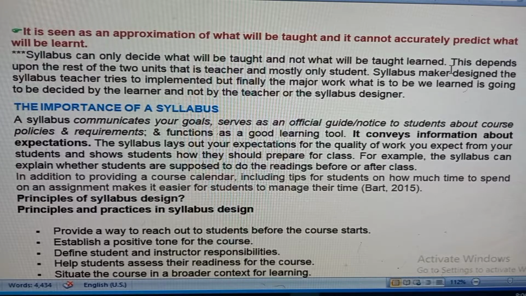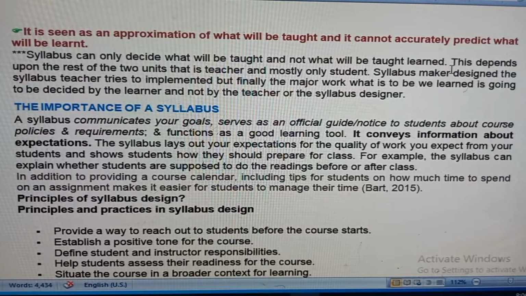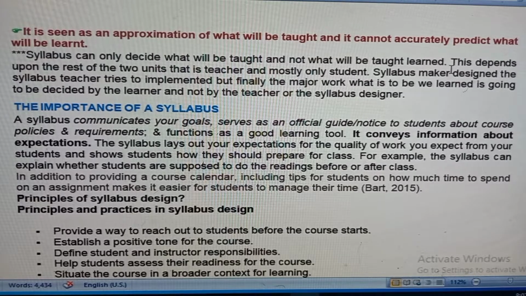This depends upon the rest of the two units, that is teacher and mostly the student. The syllabus maker designs the syllabus, the teacher tries to implement it, but finally the major work, what is to be learned, is going to be decided by the learner and not by the teacher or the syllabus designer.